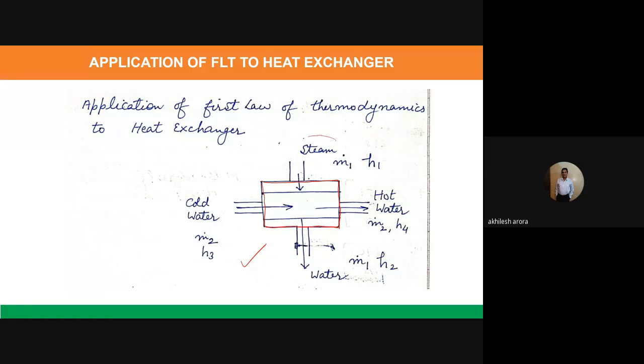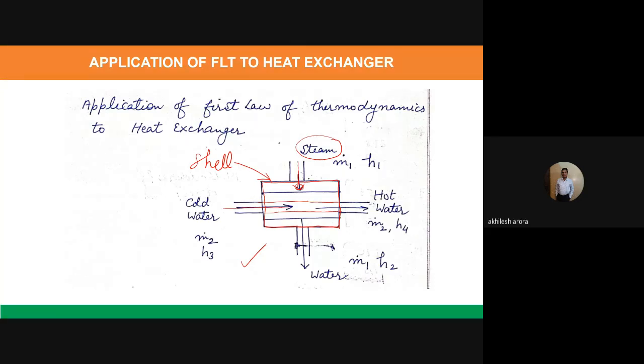There is steam which is entering from the top. It is entering here. You can say it's a shell. This part is known as the shell of the heat exchanger, and the steam is passing into this shell. And in between we have the tubes, through which cold water is passing.